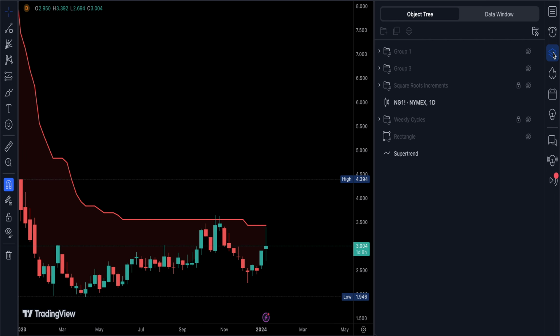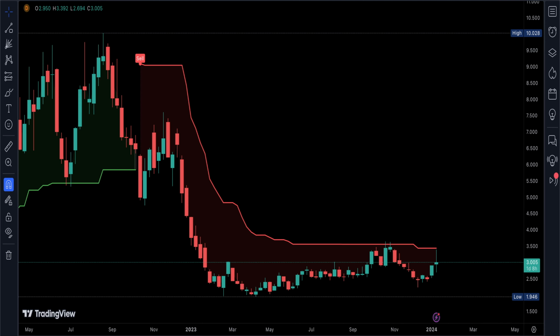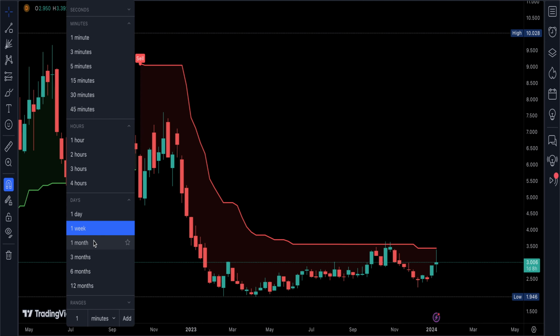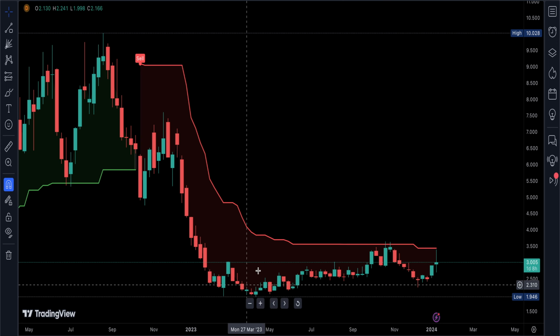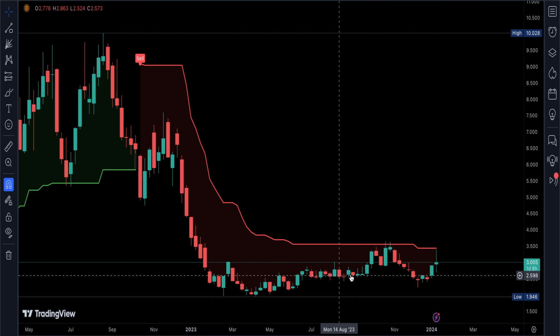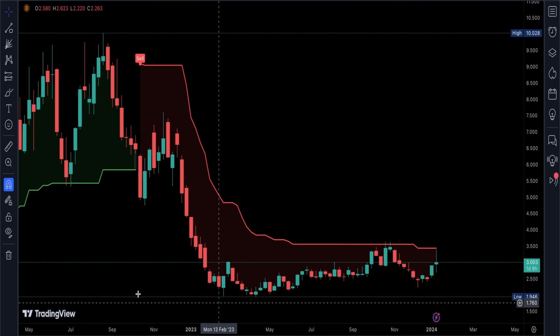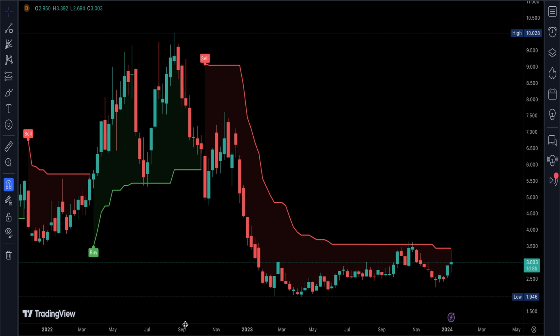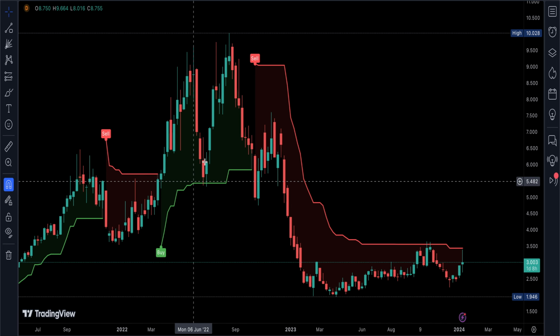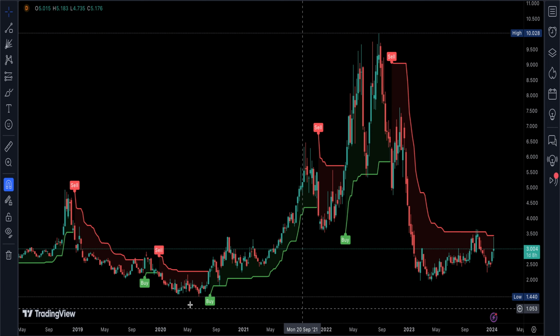When you go to the daily, it changes. Actually, let me go there now so you kind of see what the daily looks like. So this eliminates a lot of noise, and this is also for the traders that don't like a lot of volatility, this back and forth, back and forth. They don't want this buy and sell and buy. They like, okay, if I'm going to go in there and buy, I want to ride a nice little trend higher. And you can look back at how this indicator has worked.